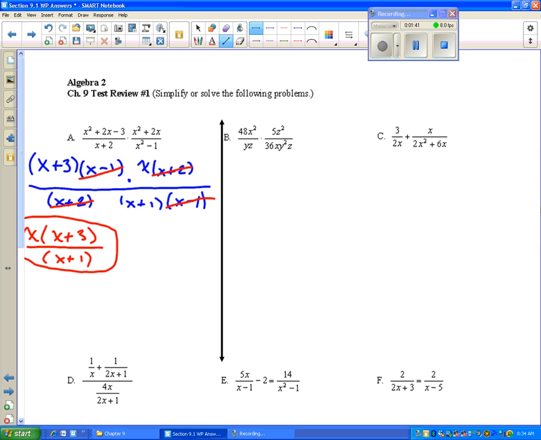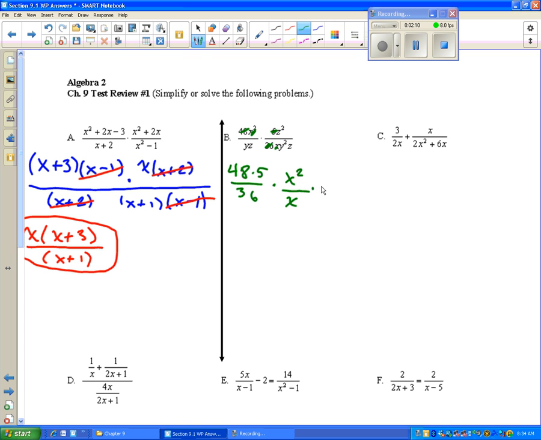Give myself a little space there. So here we go, letter B. I'm just multiplying. There's no addition and subtraction, so there's not any factoring. So what I said to do always was to put the numbers together, put the x's together. So that takes care of the 48, the x squared, the 5, the 36, this x.